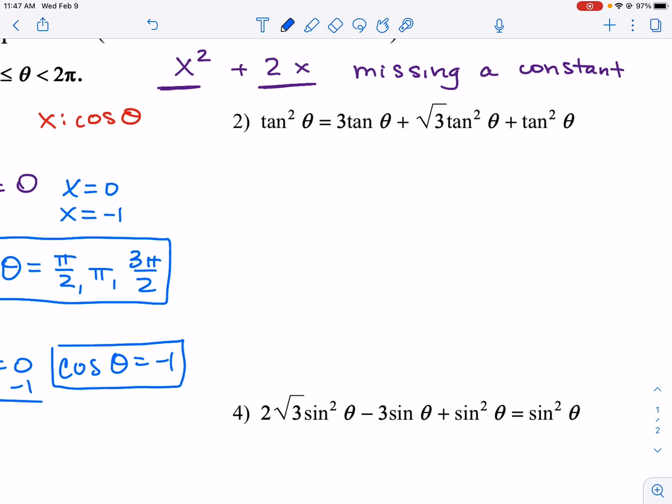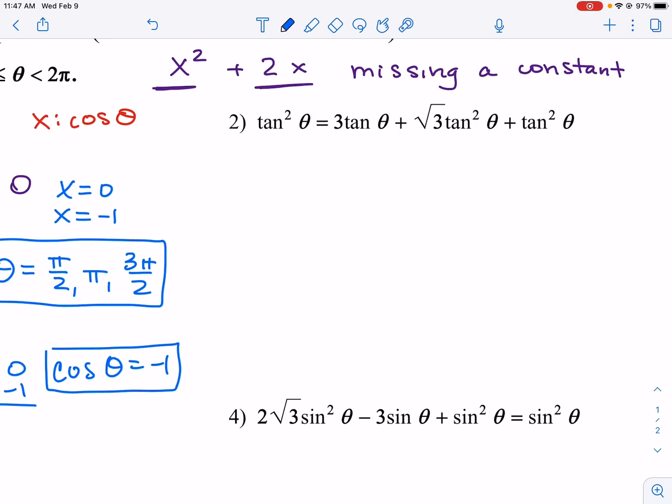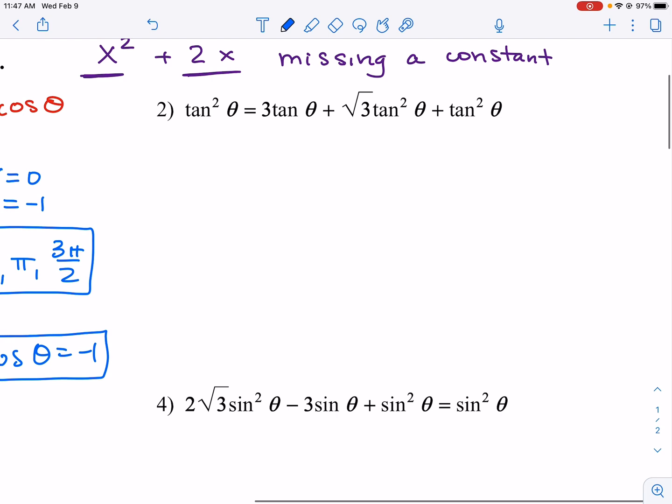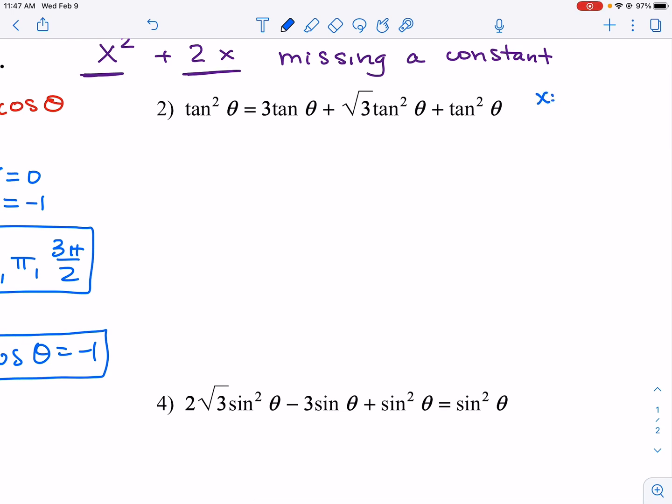Number 2 looks a lot more challenging with there being so many tangents. There's also a radical in this one. So we actually changed this to x right away. We're going to say that x is tangent theta. So in this case, I have x squared equal to 3x plus radical 3 x squared plus x squared.